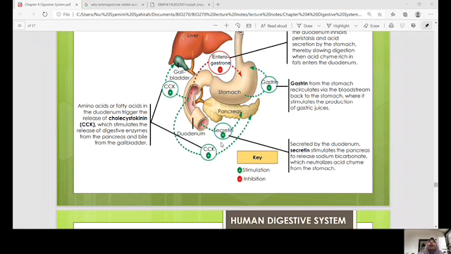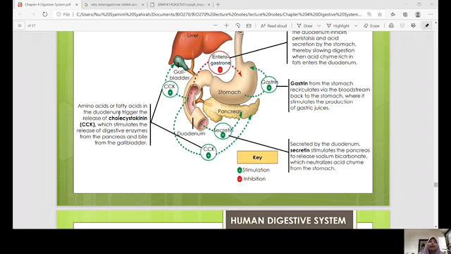So this secretin akan merangsang pankreas untuk menghasilkan sodium bicarbonate. Sodium bicarbonate bersifat alkali. So that sodium bicarbonate akan neutralizekan makanan yang berasid yang masuk ke dalam duodenum tadi. That is the function of the secretin.